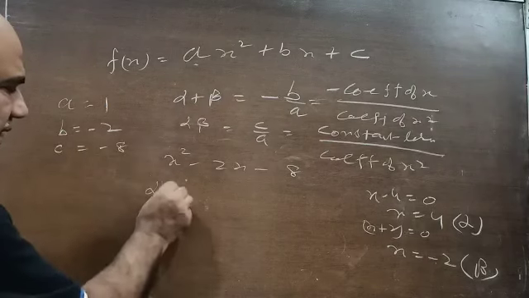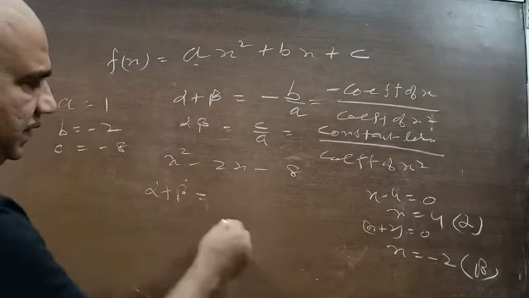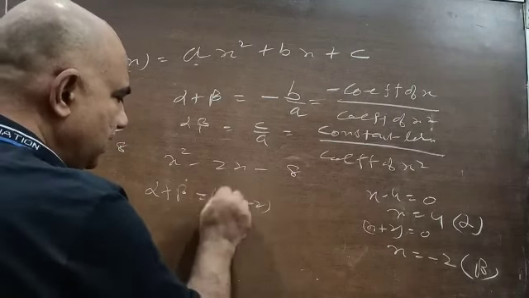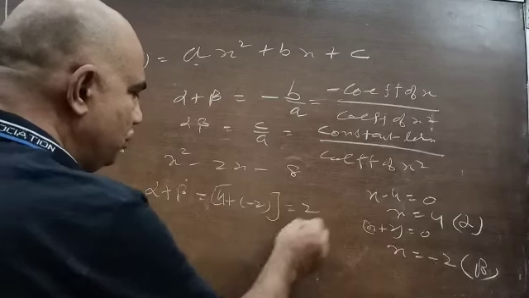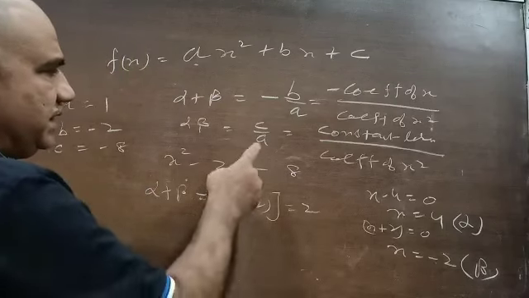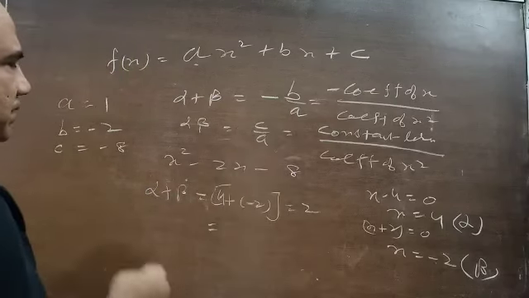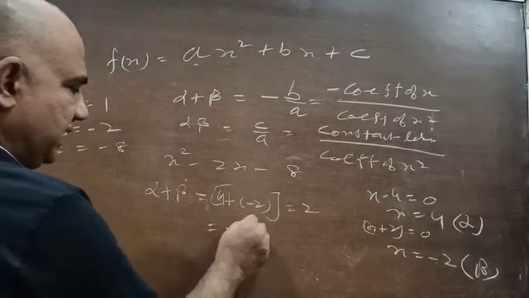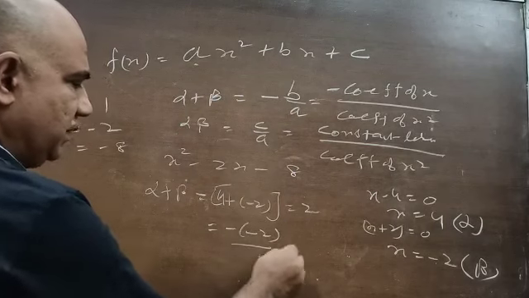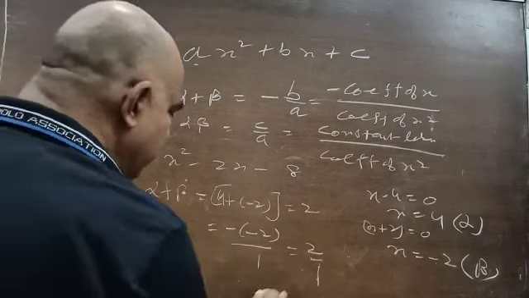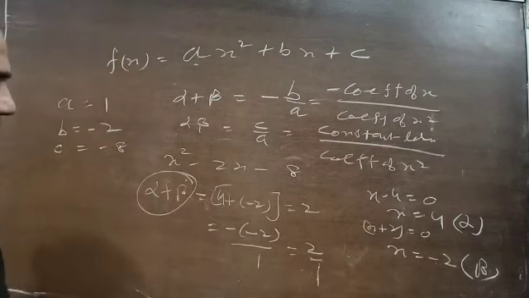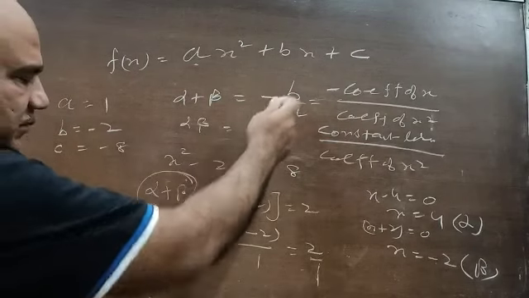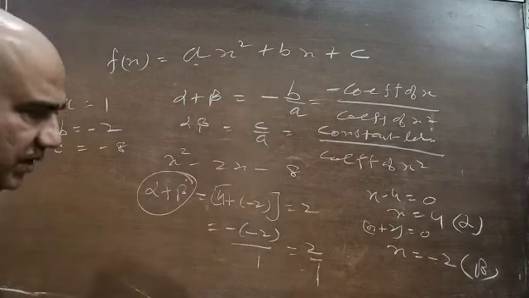Now alpha plus beta is 4 plus minus 2, which is undoubtedly equal to 2. Let me see whether it is minus b upon a. Here b is minus 2, so minus of minus 2 upon 1 is 2. So alpha plus beta is minus b upon a.